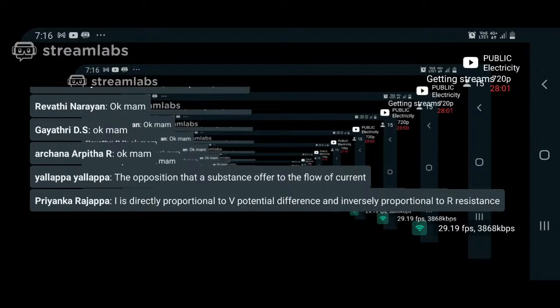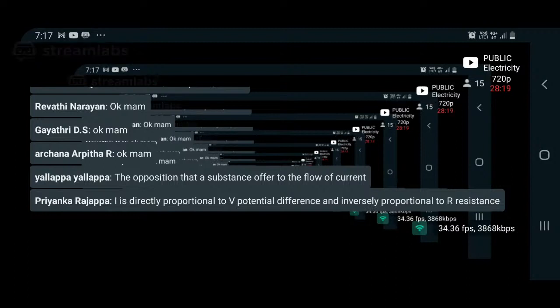How do the conductors, alloys, insulators show the resistance? The conductors like silver show very least resistance because they are good conductors of electricity. Hence, the resistance is very less.